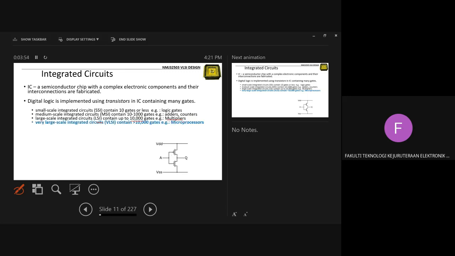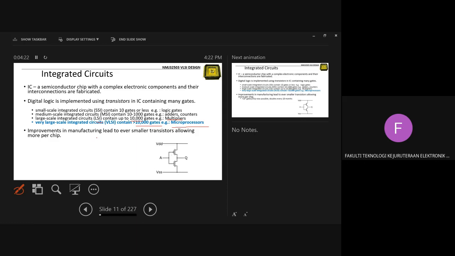And then now VLSI in our course, the number of gates more than 10,000. Okay, and that capability is able to implement microprocessor. Okay, microprocessors, more than one inside a chip. Okay, that's VLSI. Okay, improvement in manufacturing leads to ever smaller transistors.